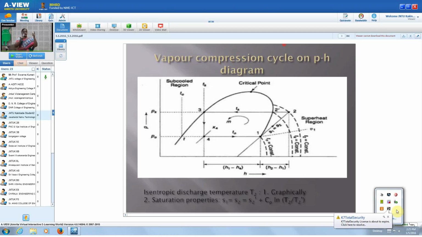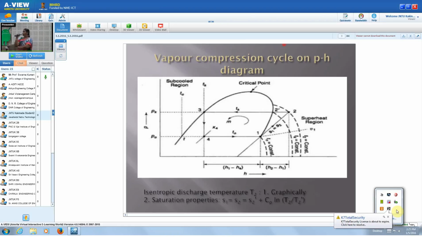How to find out that? S1 is equal to the entropy at 2. Entropy at 2 is found from knowing the specific heat and ln T2 by T2 dash, equating with S1, and you can find out the superheating temperature.